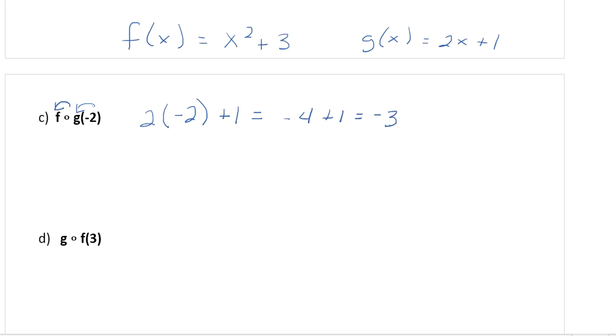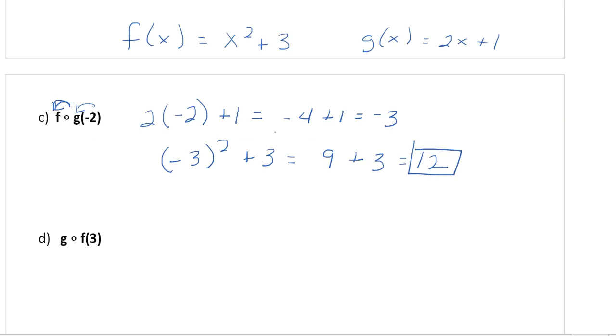We take the negative 3 and put it into the f. So taking the negative 3 into the f, we square it, and we will be adding a 3. Negative 3 squared is positive 9, and 9 plus 3 is 12. So that's my final answer. So f of g of negative 2 is 12.